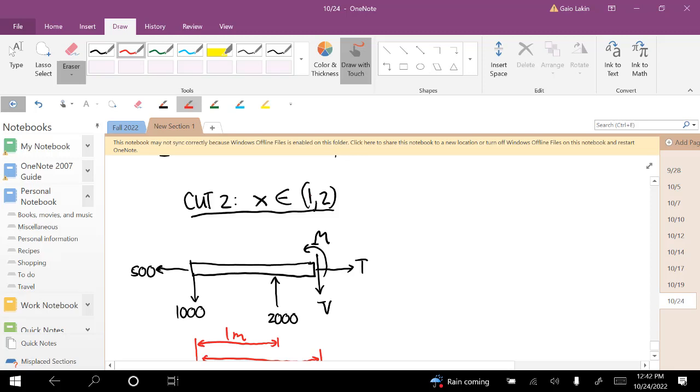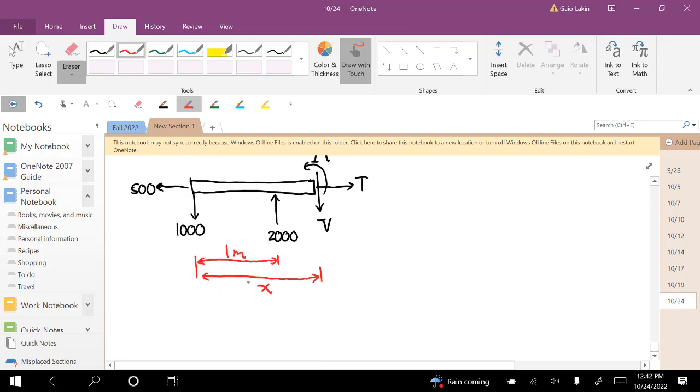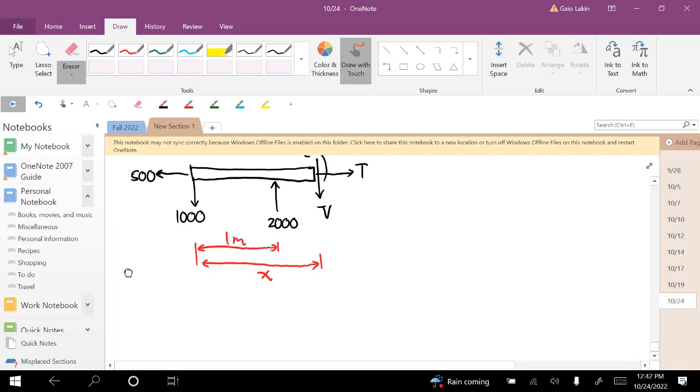Remember, x is between 1 and 2, so whatever x is, it's bigger than 1 meter. And our about point is here, like always.